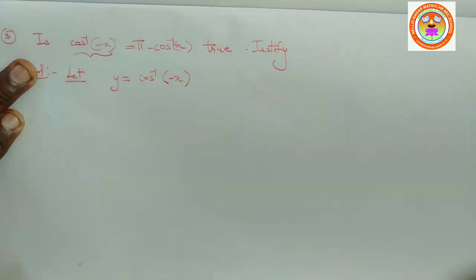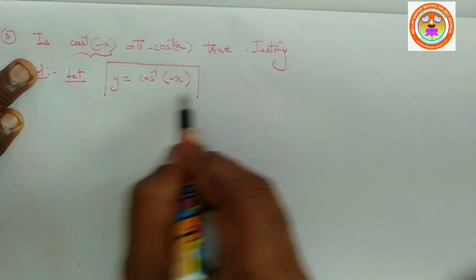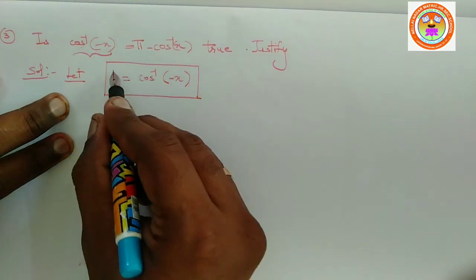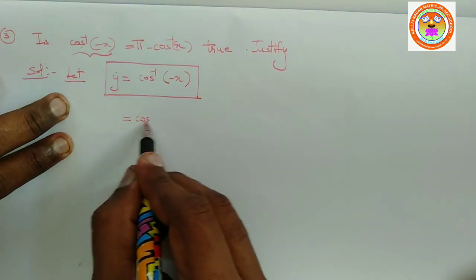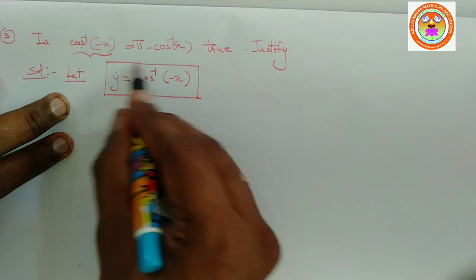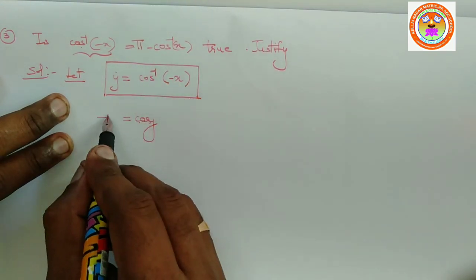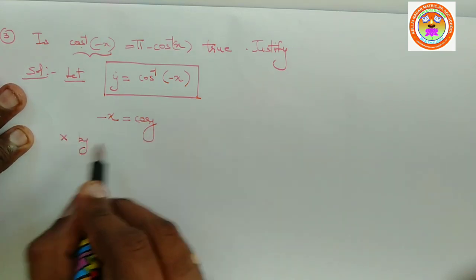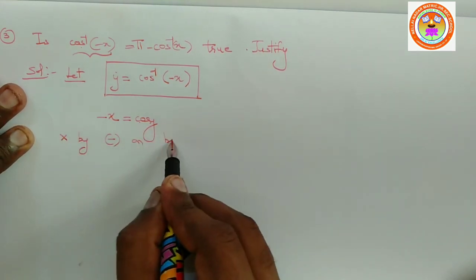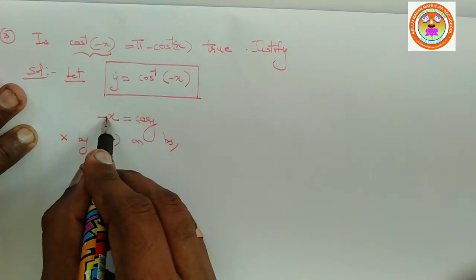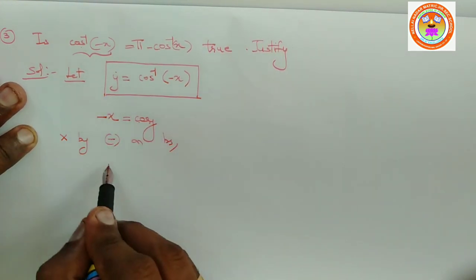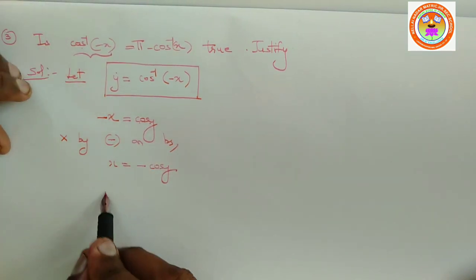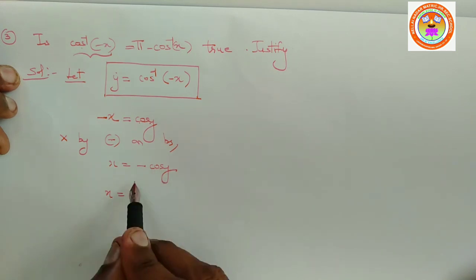Then cos inverse goes to the other side, so it becomes cos y equals minus x. Multiply by minus on both sides: minus into minus is plus, plus into minus is minus cos y. So x is equal to minus cos y.